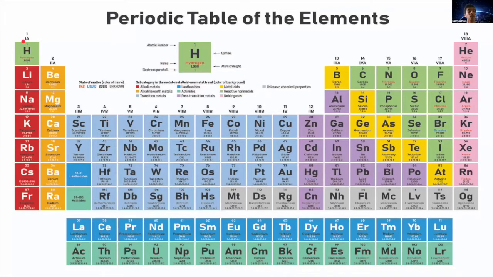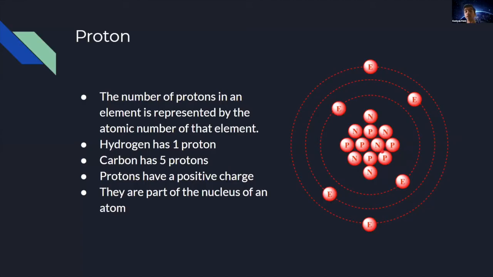For hydrogen, it's 1, lithium 3, beryllium 4, boron 5. This number is the atomic number, and it tells us how many protons are in that element. So carbon would have 6. As we can see here, there are 6 protons in this nucleus, which means this is a carbon atom. And protons also have a positive charge.